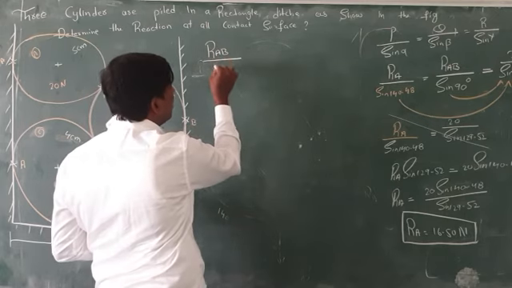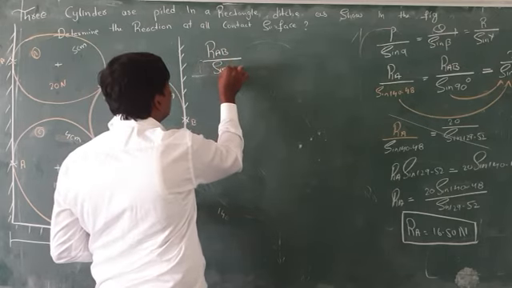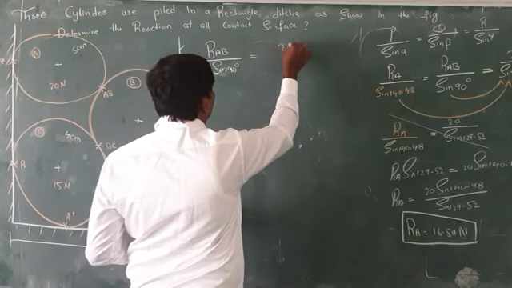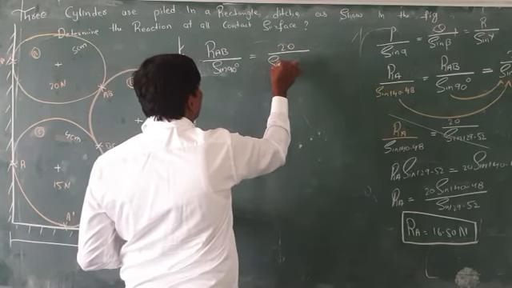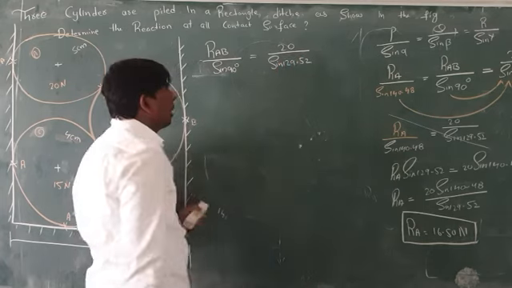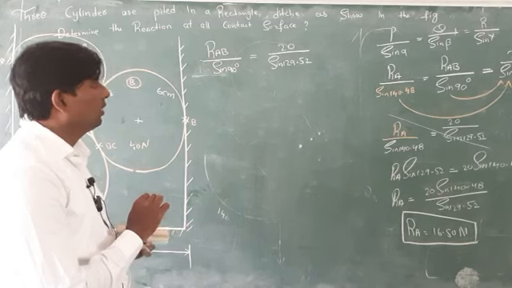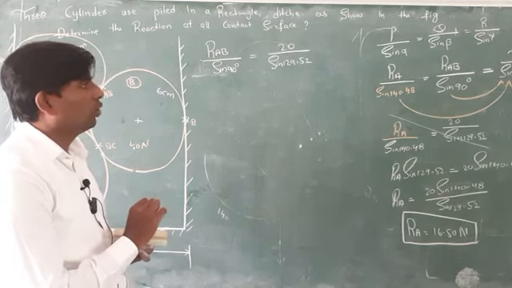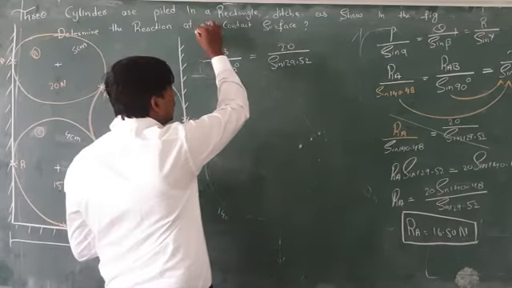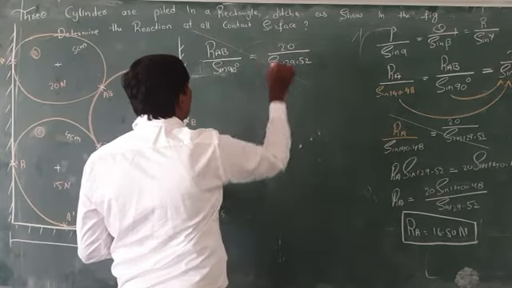RAB by sine 90 degree is equal to 20 by sine 129.52. Again here, what you have to do? You have to go for cross multiplication.